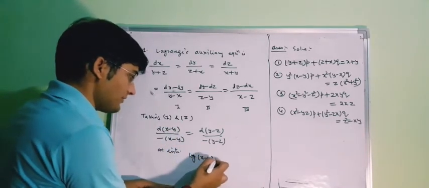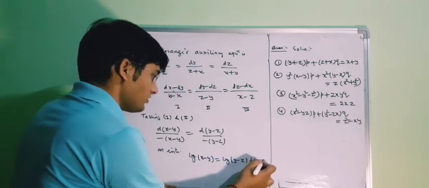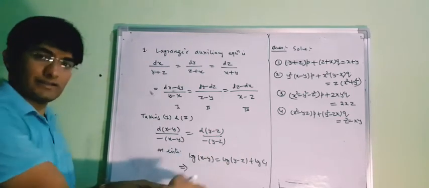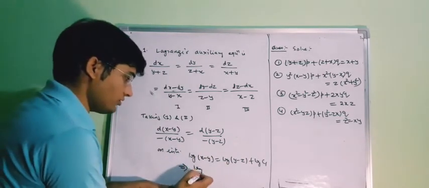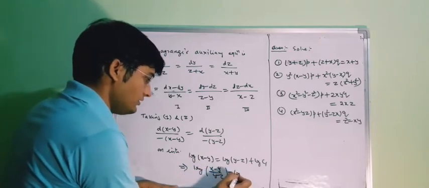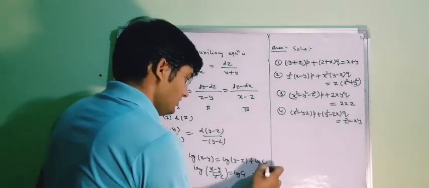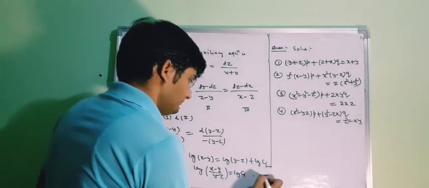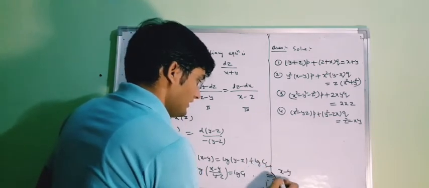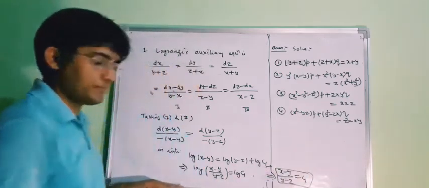So this is log x minus y, and here we will get log y minus z plus some constant of integration log c1. So your first answer will be log a minus log b, which is log a upon b equal to log c1. This implies that x minus y upon y minus z equal to c1. This is your first answer.